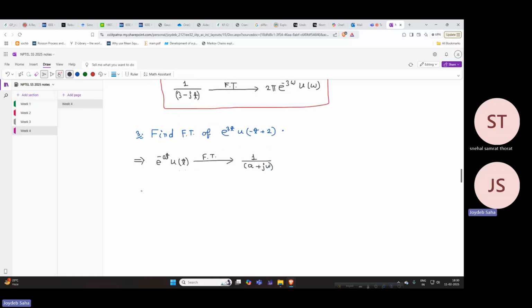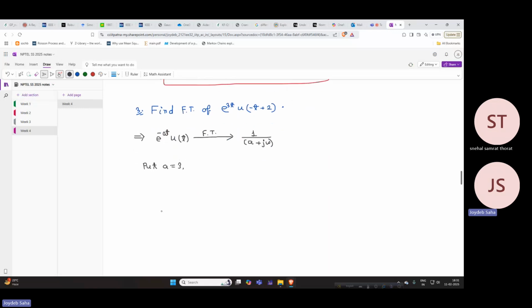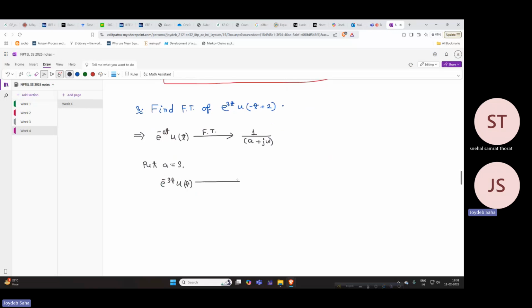So put a is equal to 3. e to the power minus 3t u(t), its Fourier transform is 1 upon (3 plus j omega).